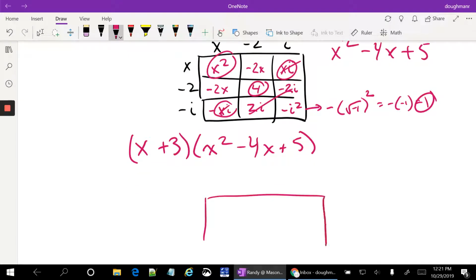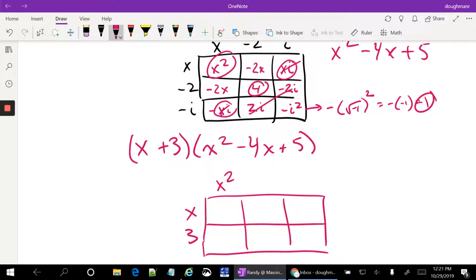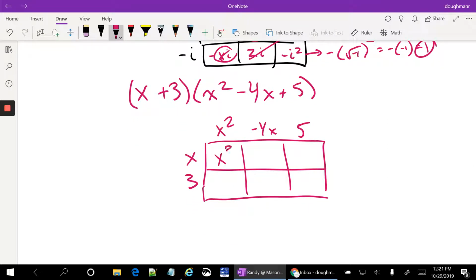Using my organizer, I've got x plus 3 and x squared minus 4x plus 5. So that's x cubed, minus 4x squared, 5x, 3x squared, negative 12x, and 15.